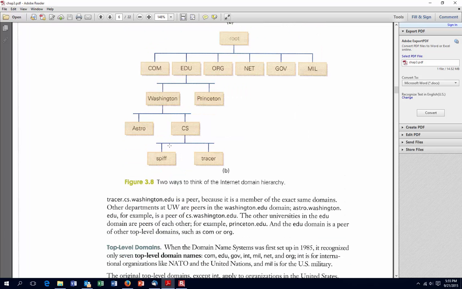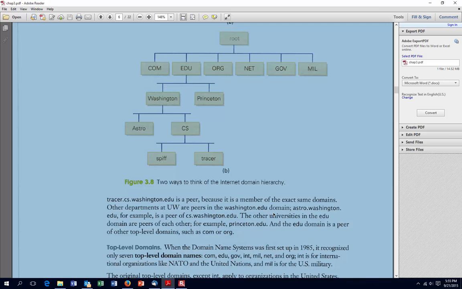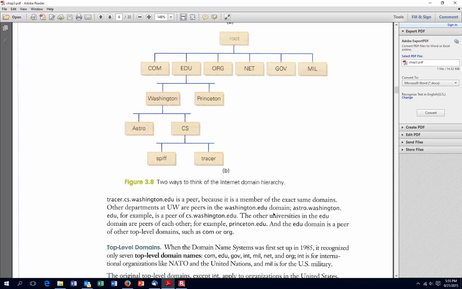And below the computer science department are a couple of specific computers. So that's why we have here the cs.washington.edu as an example of one specific domain. So the Washington University then controls that domain.